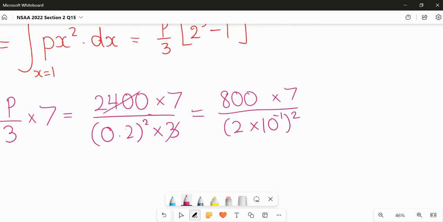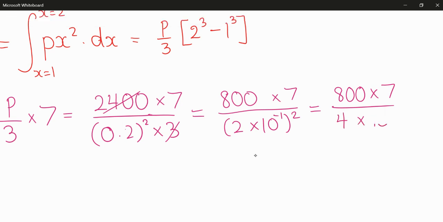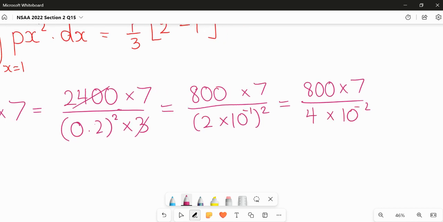So simplifying this, we should get 800 times 7 over 4 times 10 to the minus 2. If you notice 800 over 4, we should get 200. Times 7 is 1400, and then with another 2 zeros, we should get 140,000 joules.